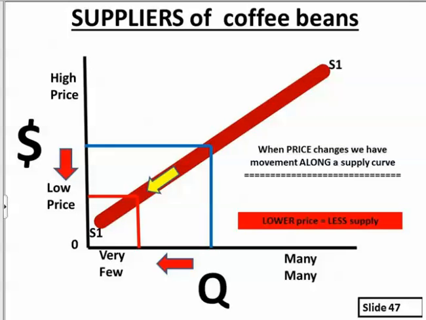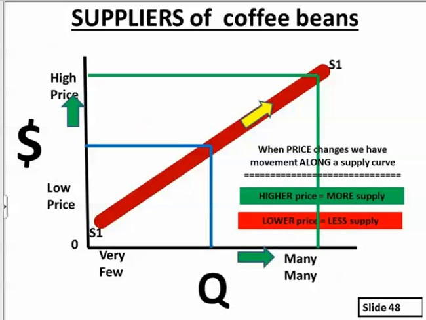So here, if we hear something that either causes a change in price, or the problem tells us about a change in price, and we know that the price has gone down, then we're going to know that we're going to have movement along the existing supply curve to a lower point where less is going to be supplied.